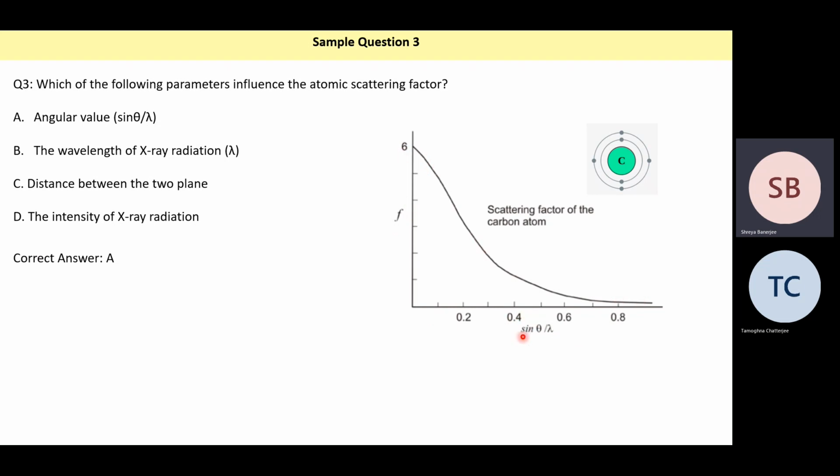So when this angular value is 0, the value of the scattering factor is always equal to the number of electrons. So in carbon, it is 6. And as the angular value increases, the scattering factor decreases exponentially. So the correct answer is this angular value sine theta by lambda, where lambda is the wavelength of the X-ray and theta is the Bragg's angle.